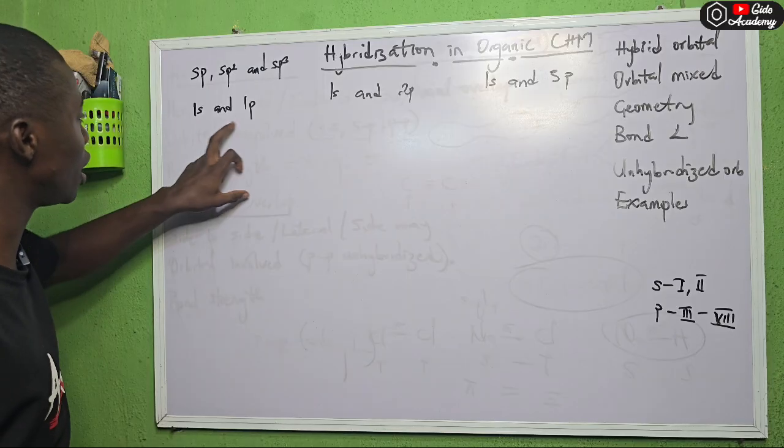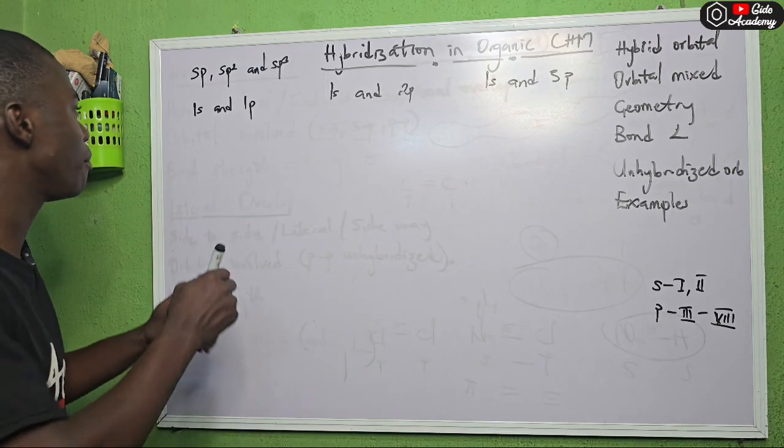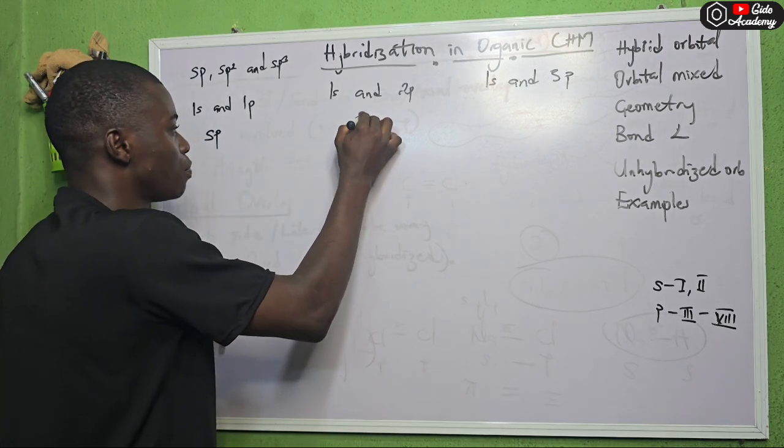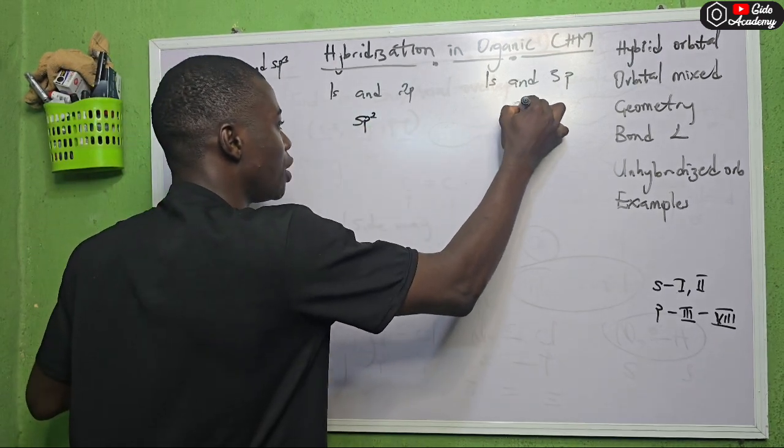So if one S blends with one P, it gives us a hybrid orbital called sp. Two P gives us sp2. Three P gives us sp3.